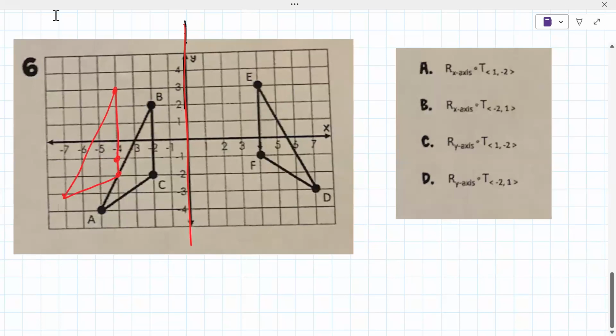Sorry, I made that very bad. Let's try that again here. All right, left 2 up 1, left 2 up 1. Is that the same distance? It is. And so on. So yeah, that would be correct. All right, good job.